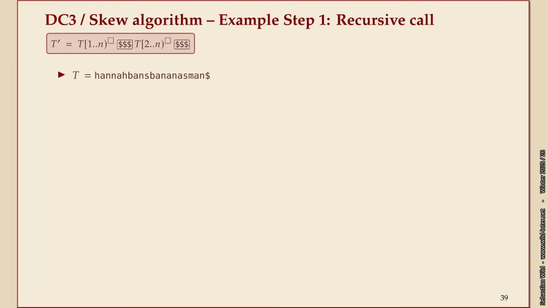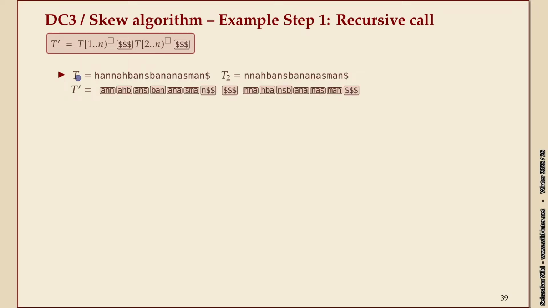Here's an example for how to construct this string t prime. That's the text from before. You construct the text where you leave the first 2 characters off, and here you leave the first character off, and then break it into blocks. To make it work nicely, you have to include the right number of $ signs, but it's not a big deal.